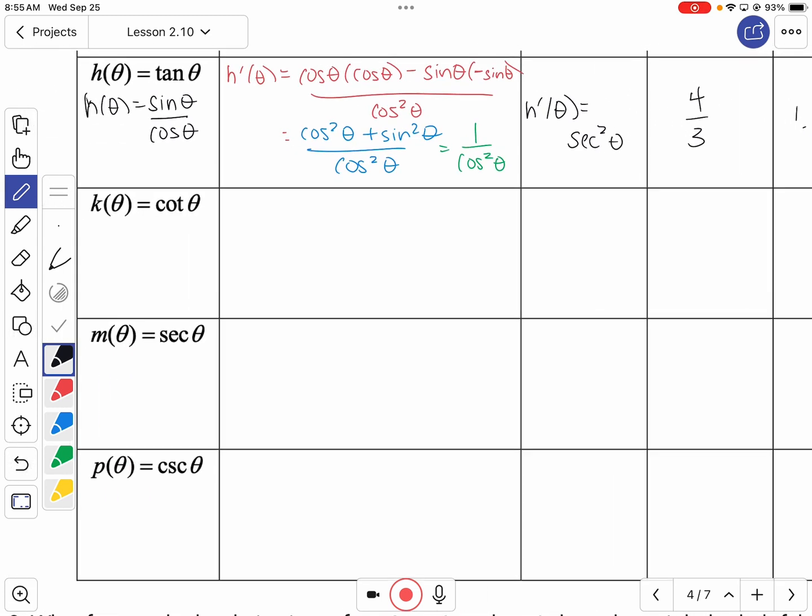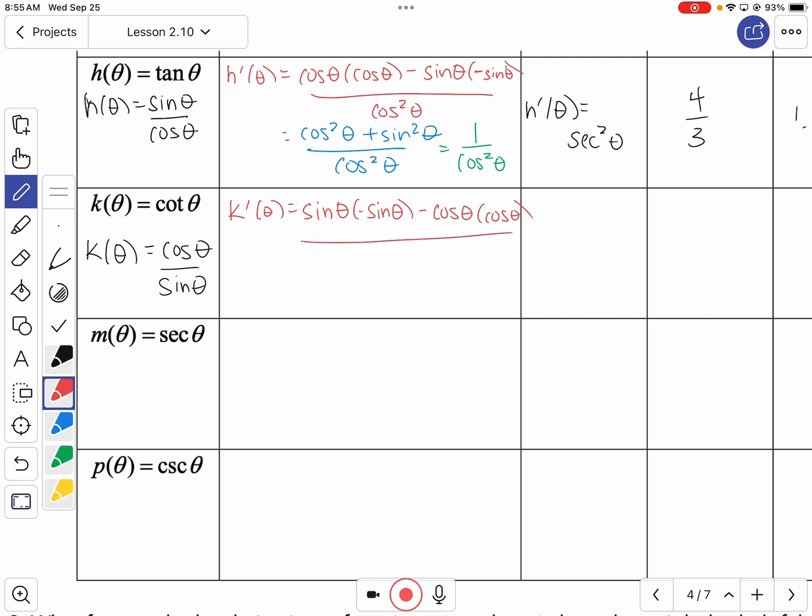All right, let's do the same thing with cotangent. Talk about how it's the same, how it's different. We just end up with cosine over sine. And so again, using that quotient rule, ho d high, so sine, derivative of cosine is negative sine, minus high d ho, derivative of sine is cosine, all over ho ho.